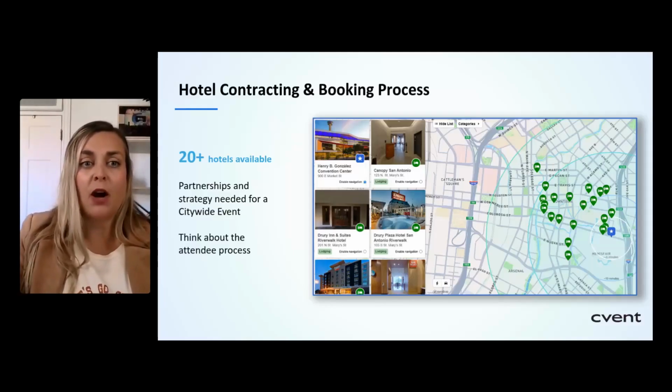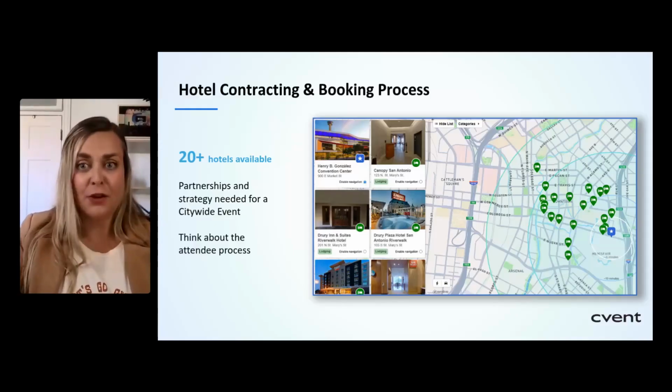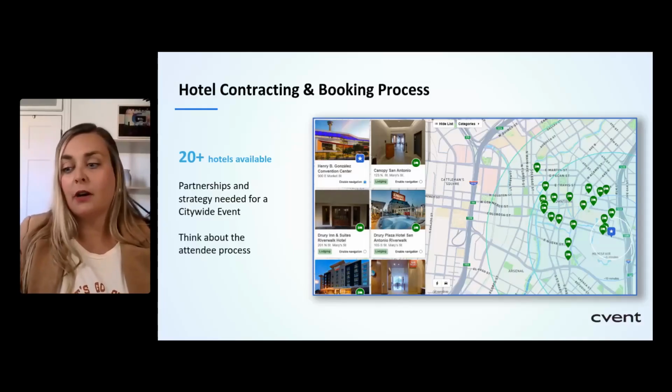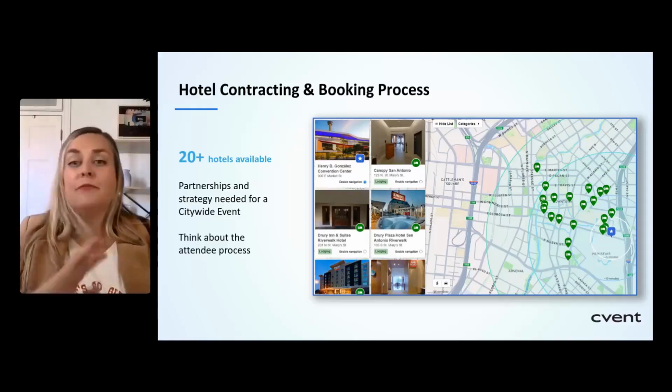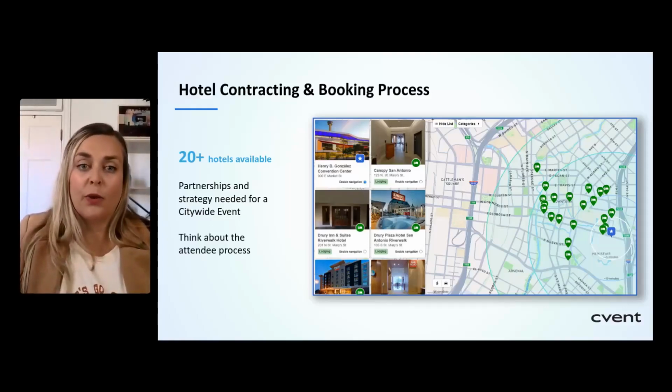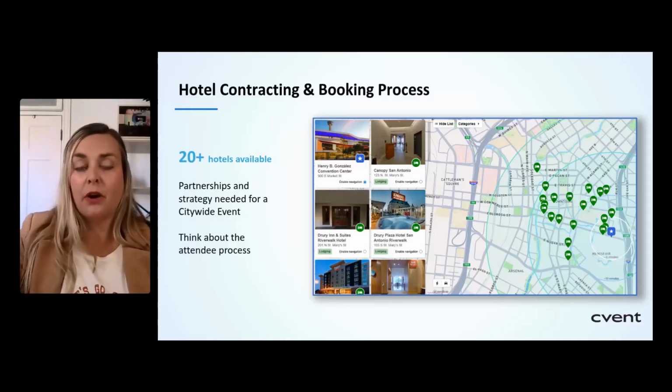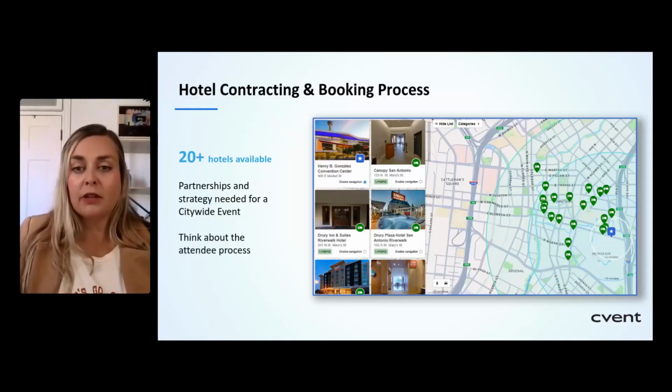But as far as contracting all of these hotels, obviously I'd like to contract fewer hotels in the citywide, but sometimes that's not an option because they have other events going on in the city, or it just depends on the city, honestly, as far as how big the hotels are. But I look at a couple different things. I look at the brand, and I look at the partnerships that they're offering.